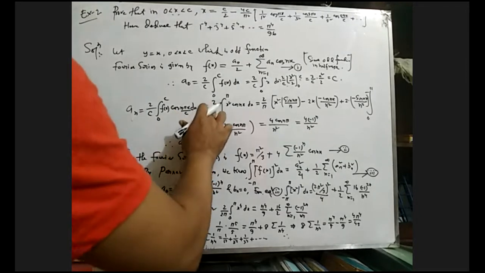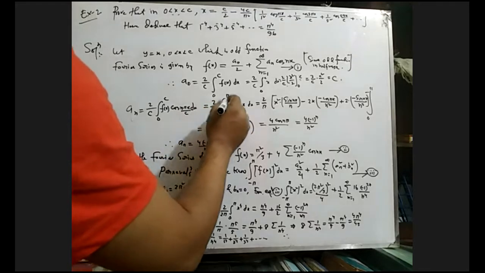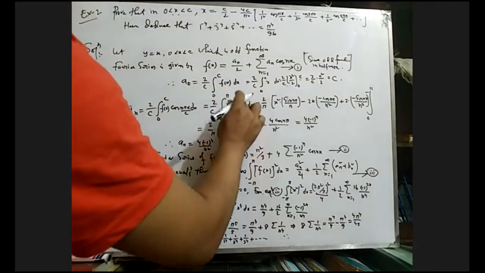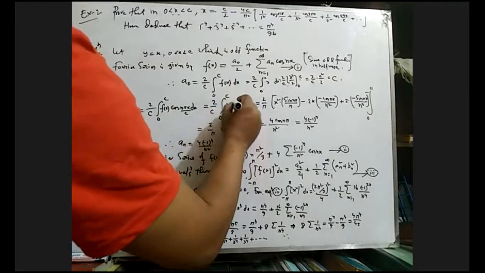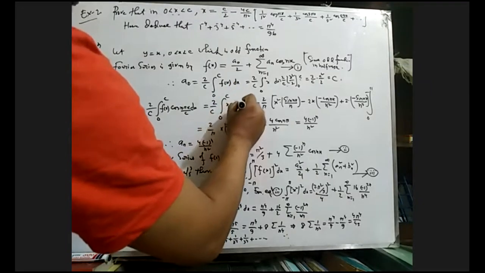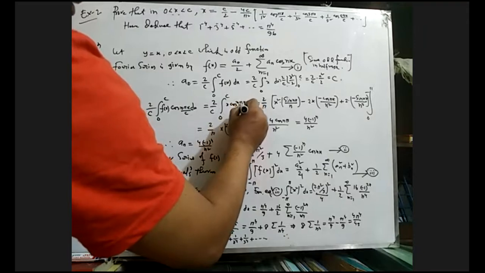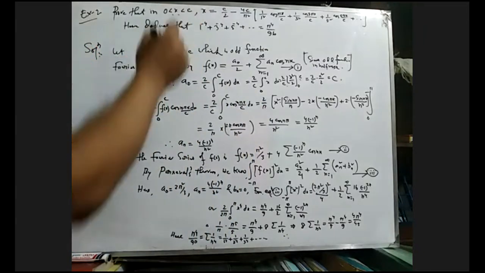So 2 by c, with f of x equals x, integral 0 to c of x cos n pi x by c, for half range 0 to c. Remember it.